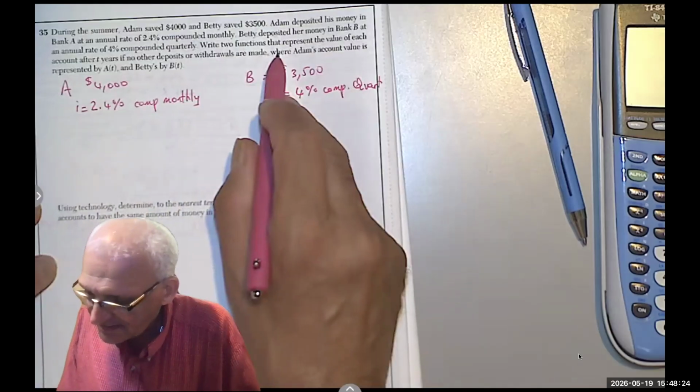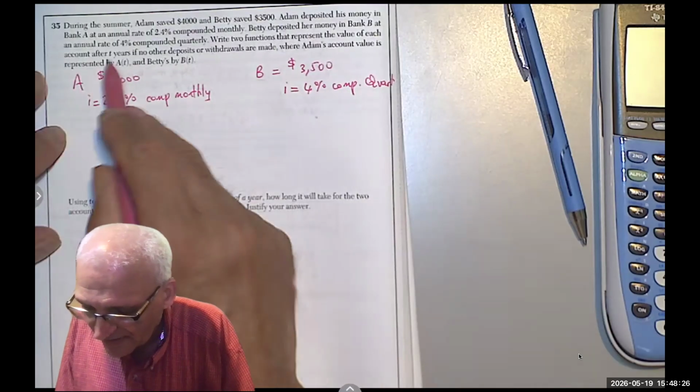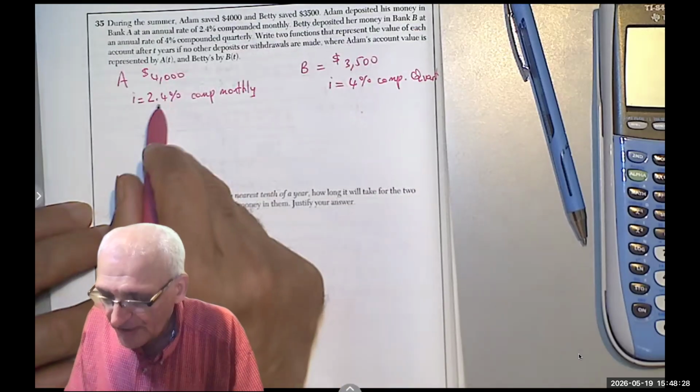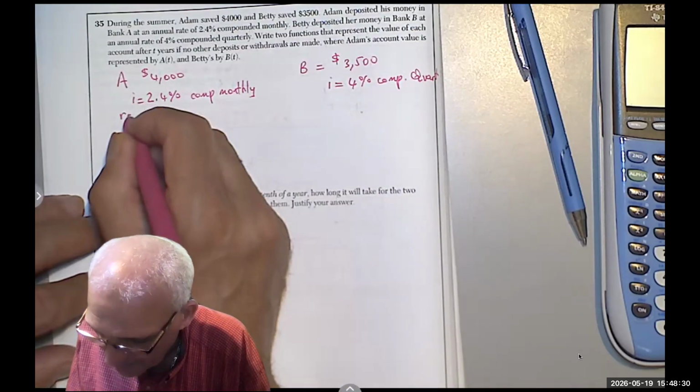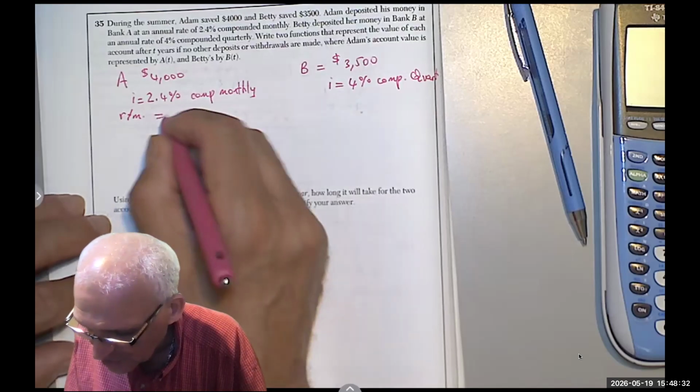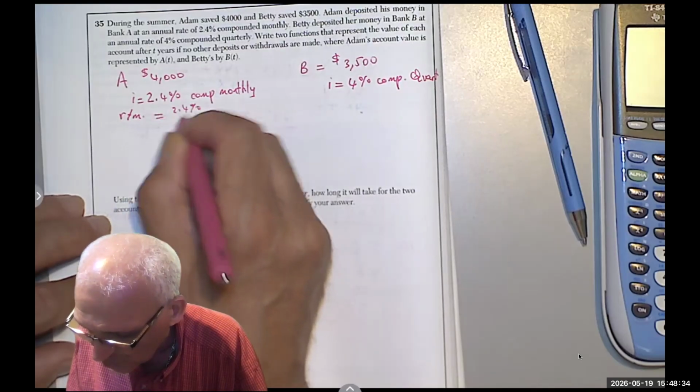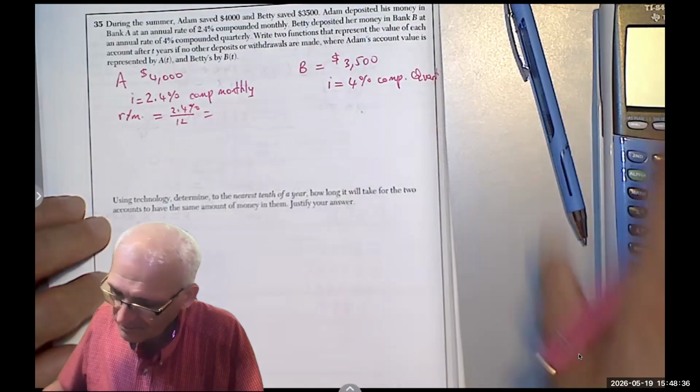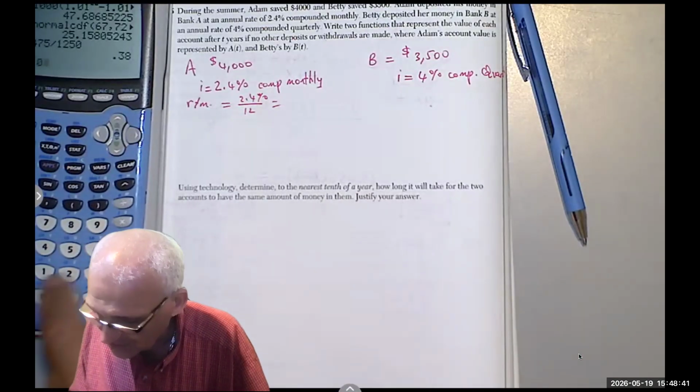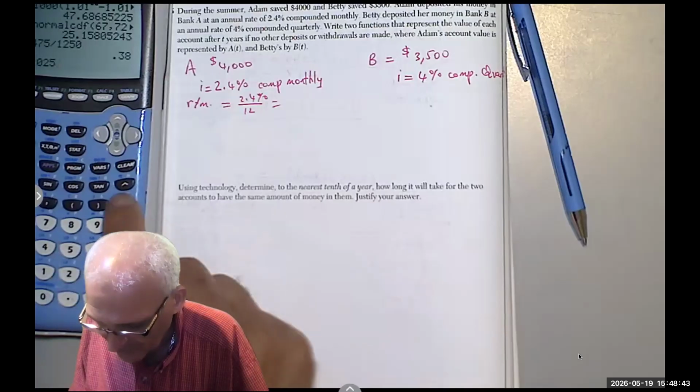Write two functions that represent the value of each account after t years. Okay, so here you have to find r per month equals 2.4% over 12. Well, it's better to write it 0.024 over 12.